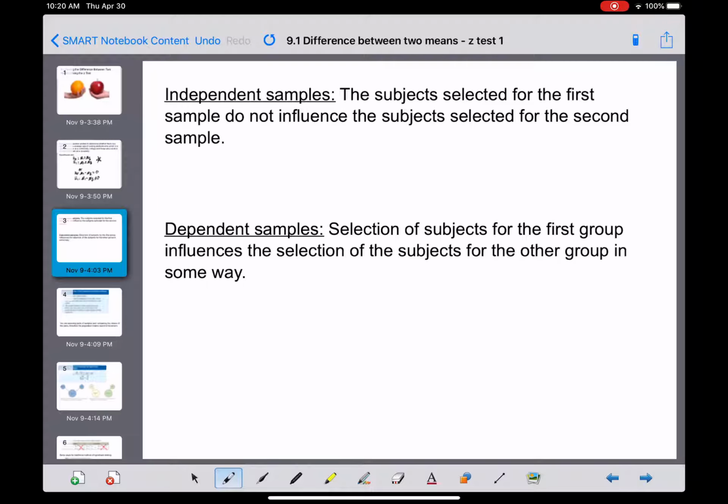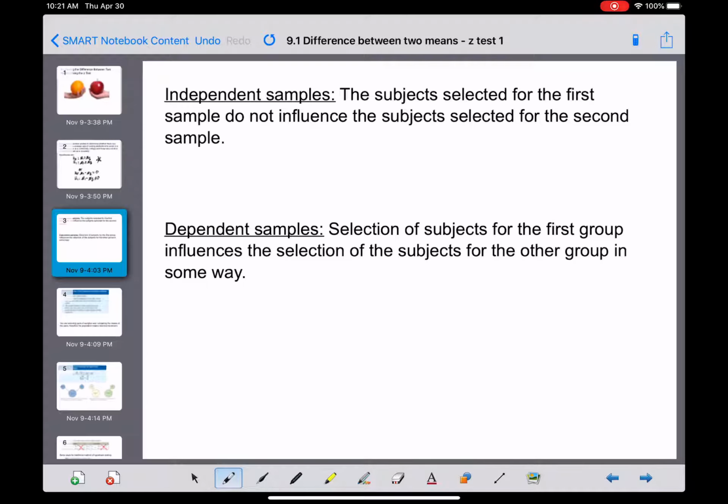You have different people. Dependent samples is when the selection of the subjects in the first group influences the selection in the other group in some way. So it could be like the same person, a before and after type of test, or like determining if their right foot is larger than their left foot. But it's dependent in some way.